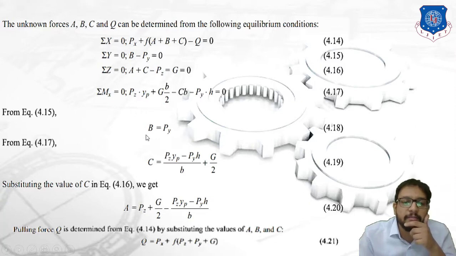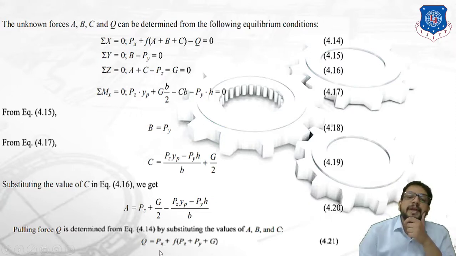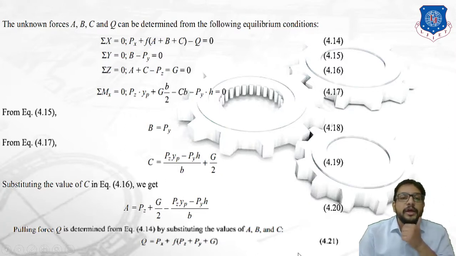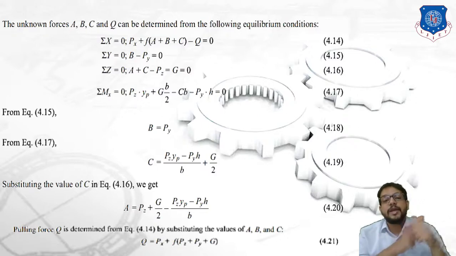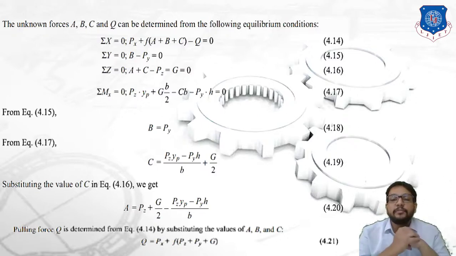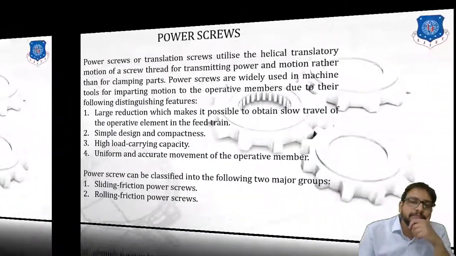After substituting that, we can determine the pulling force capital Q. So it is going to become Q is equal to Px plus F into (Pz plus Py plus G). So this is our final equation of pulling force, that is our equation 4.21. So this is how we have determined the normal forces, which are A, B and C, along with the pulling force, that is Q. Okay, now let us see further.